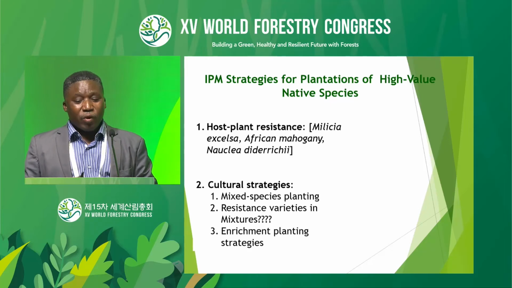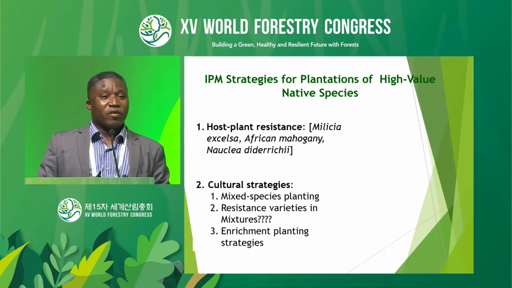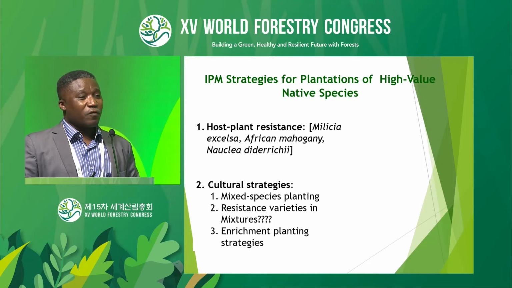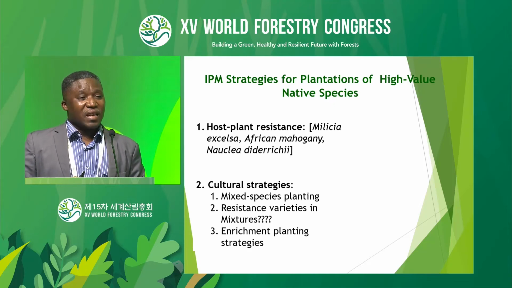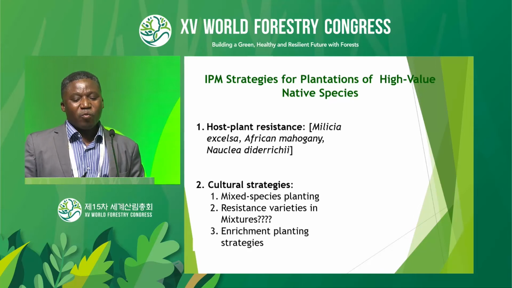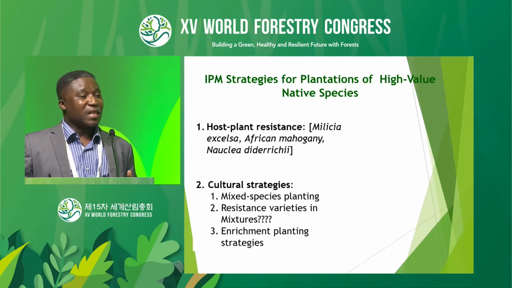We have done fairly well on that. The same with mahogany, the Khaya ivorensis, Khaya anthotheca, and all that. We've done considerable work of selection of resistant or tolerant species, and some work on Nauclea diderrichii. These are all species that we have done selection for.